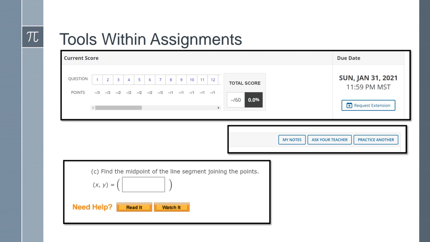You can practice another version. Let's say you have submissions, and some instructors put a limit on how many tries you can attempt a problem. So if you don't want to lose some of the tries that you have, you can practice other versions just to make sure that you understand how to do it.